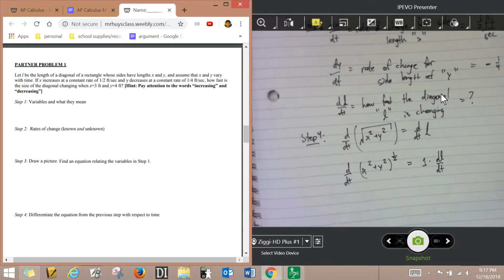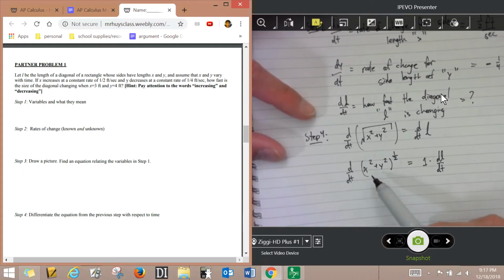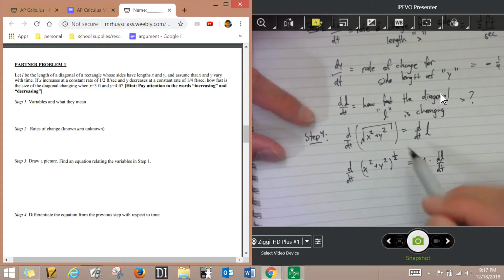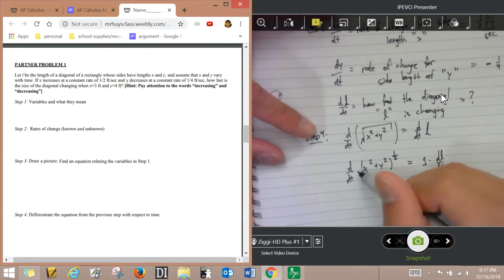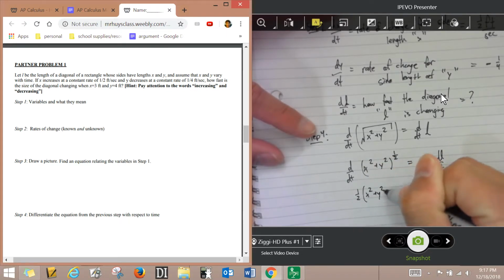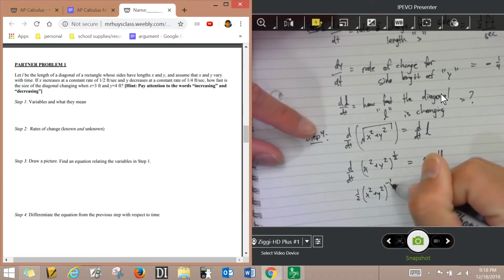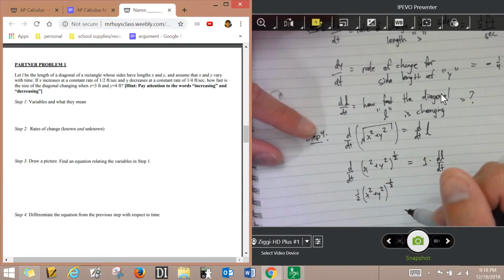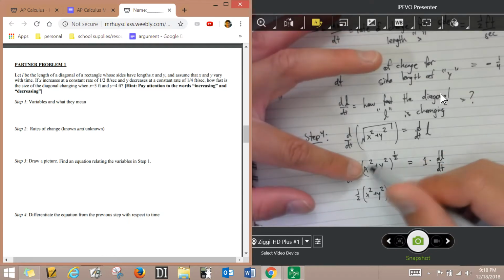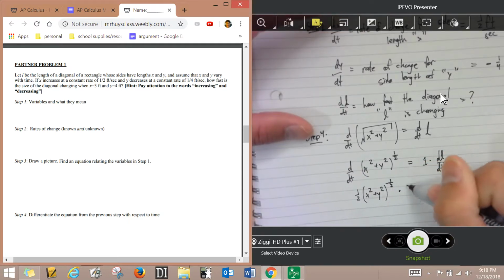Okay, and the derivative of this guy is, you'd have to take the 1/2 and put it in the front, 1/2 times x squared plus y squared, and that'd be to the negative 1/2 now. You would think that's it, but you've got to take the derivative of the inside, so that'd be times 2x.